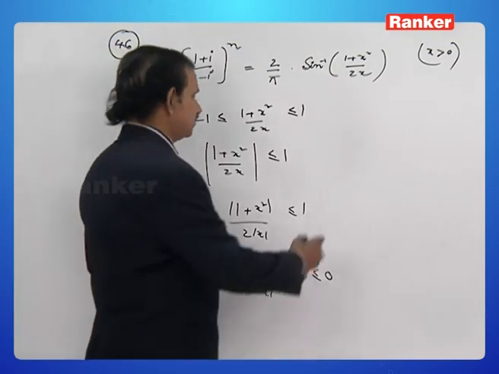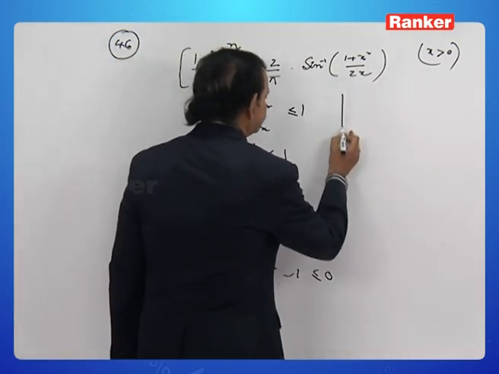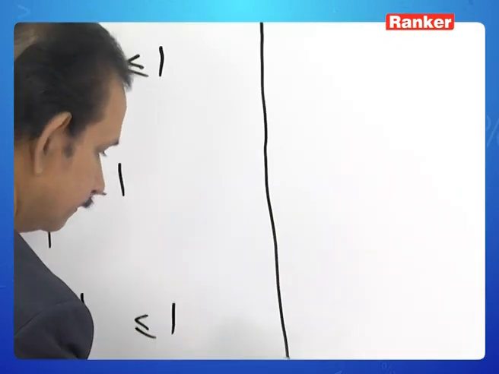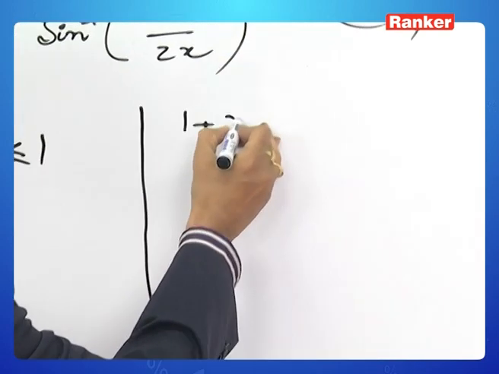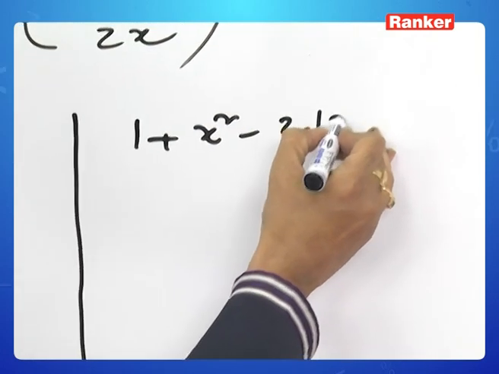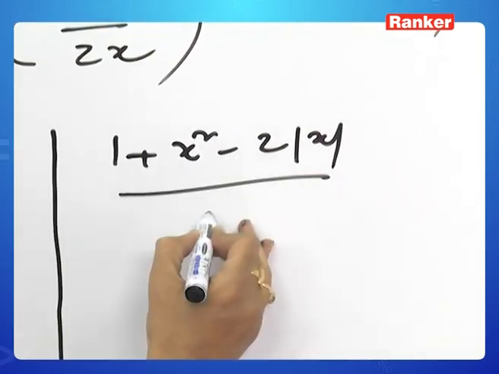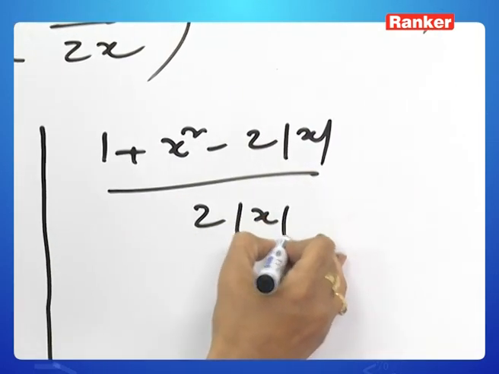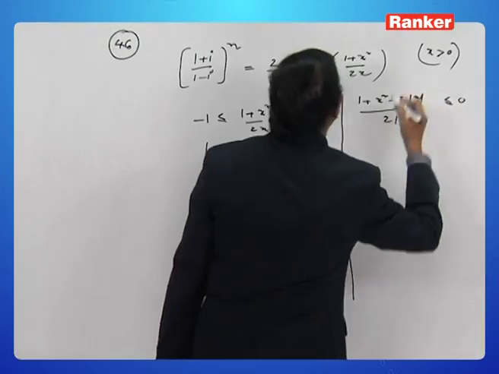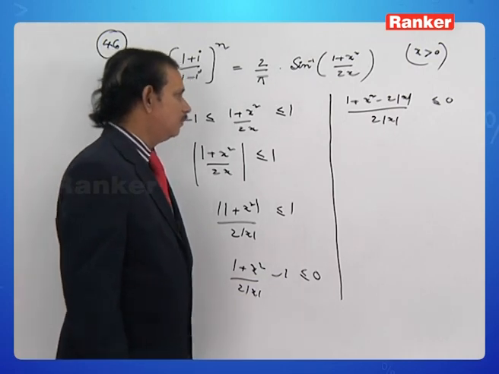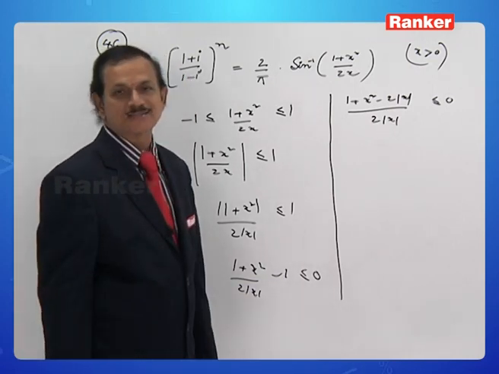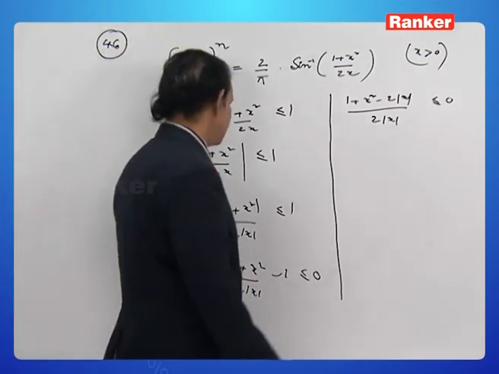Now you take the LCM. 1 plus x square minus 2 mod x, by 2 mod x, is less than or equal to 0.